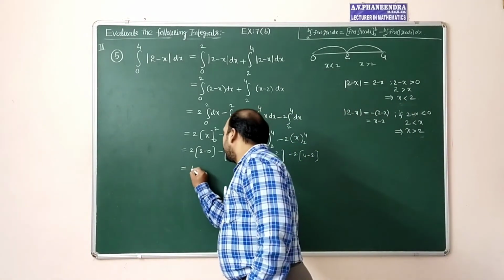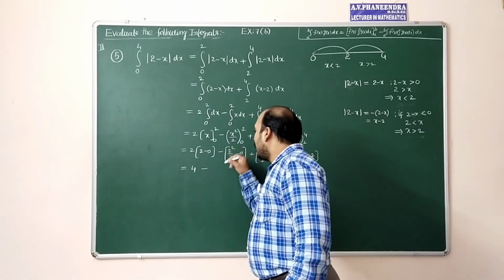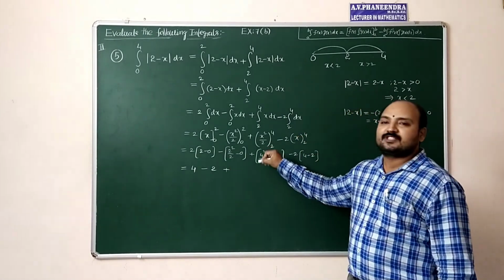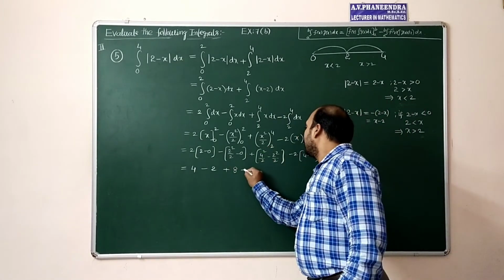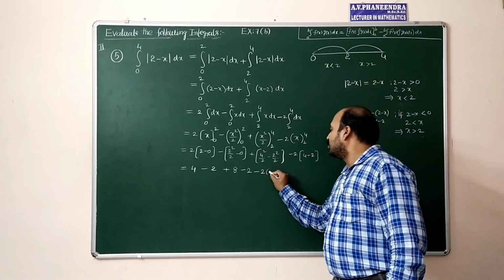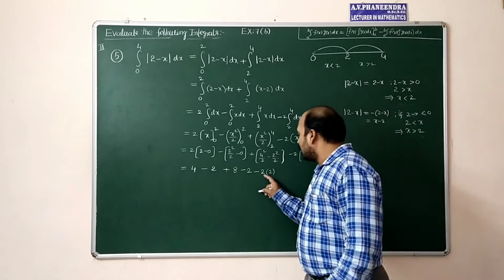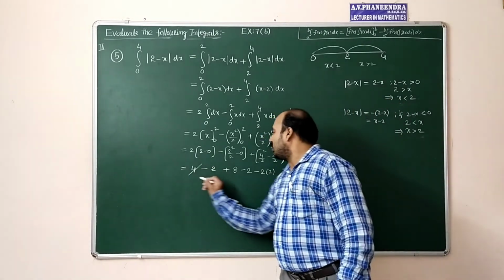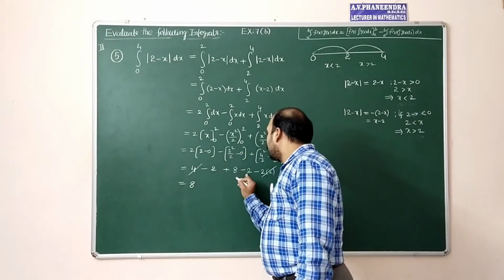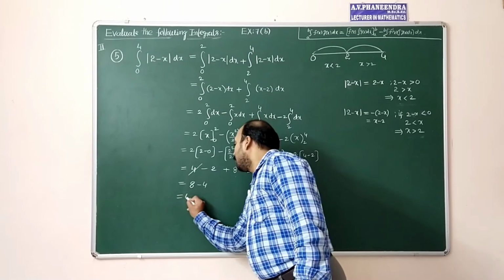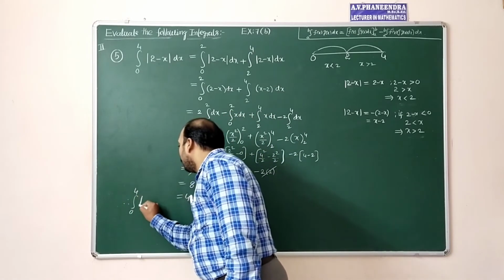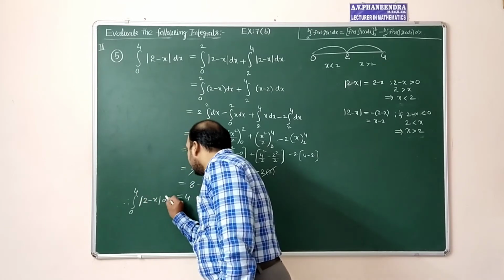That is 2 twos are 4, minus 4 by 2 which is 2, plus 16 by 2 which is 8, minus 2, minus 2 into 2. The 4 and minus 4 get cancelled. So it is 8 minus 2 minus 4, which is equal to 4. Therefore, integral 0 to 4 mod 2 minus x dx is equal to 4.